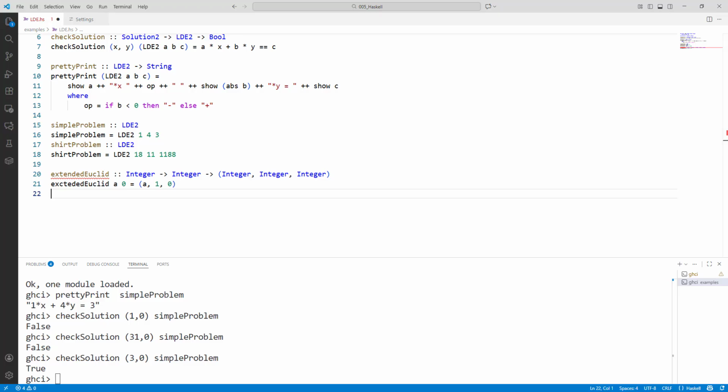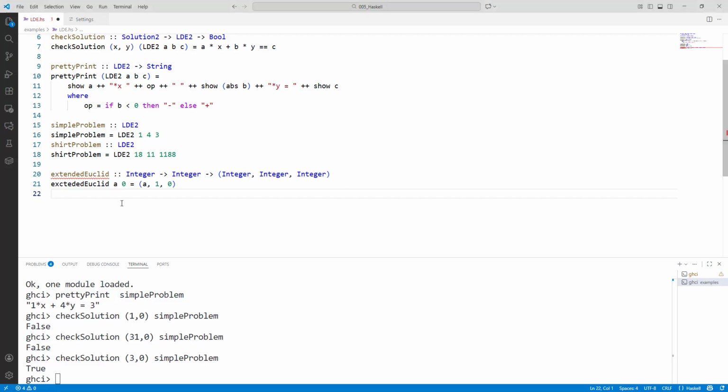So now let's try the recursion step. We're going to call the function on B and the remainder of A divided by B. Then we'll use the results to find our new x and y. I'm not going to prove why these steps work. It's just math theory, and we only have about 30 minutes to solve this one.